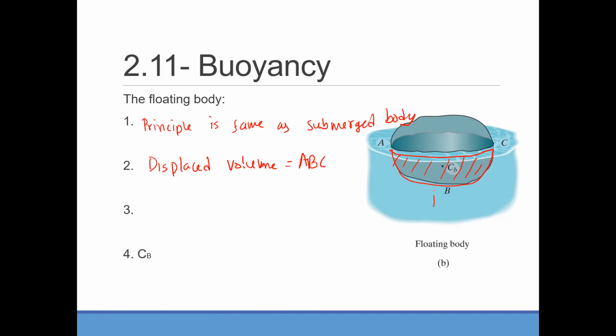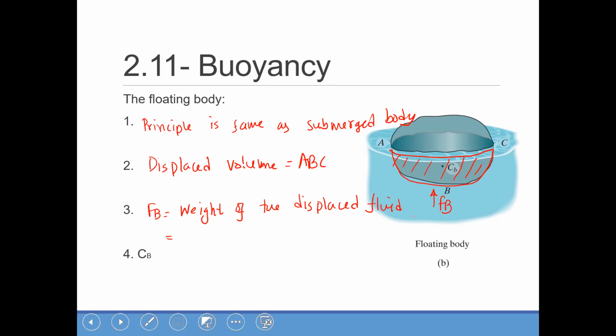Again, that buoyant force FB is the weight of the displaced fluid, and we can calculate the weight of the displaced fluid. Since it's a fluid's weight, obviously we need to use the gamma of fluid.